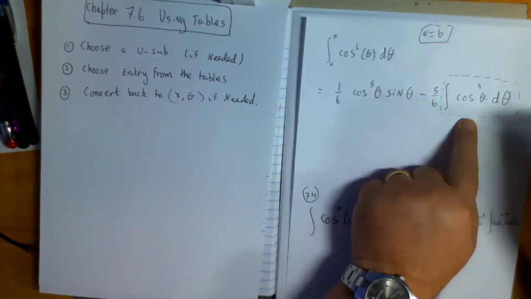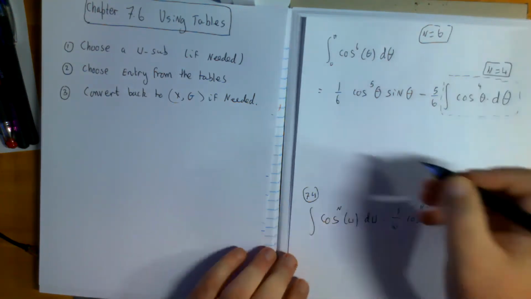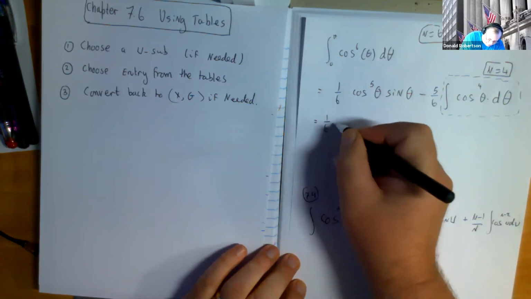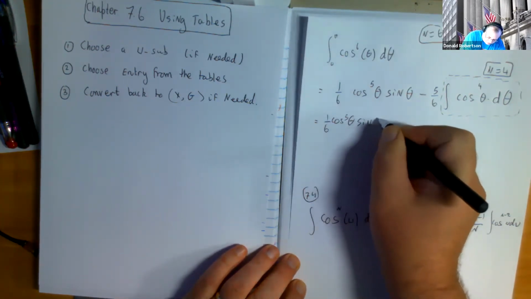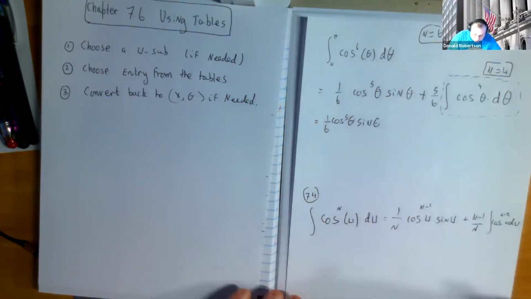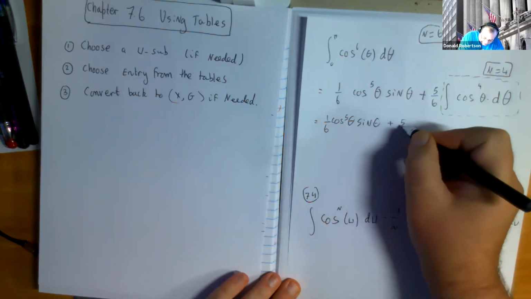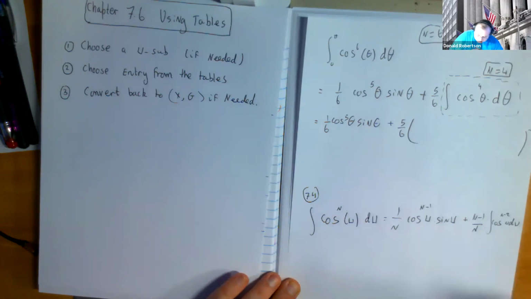Yes. But now with n equals 4. So I have the original piece, which hasn't changed. It's still there. Yes? Shouldn't it be plus then 5/6? Thank you. Then it's plus 5/6. And then I'll put a big bracket around the horrible mess.